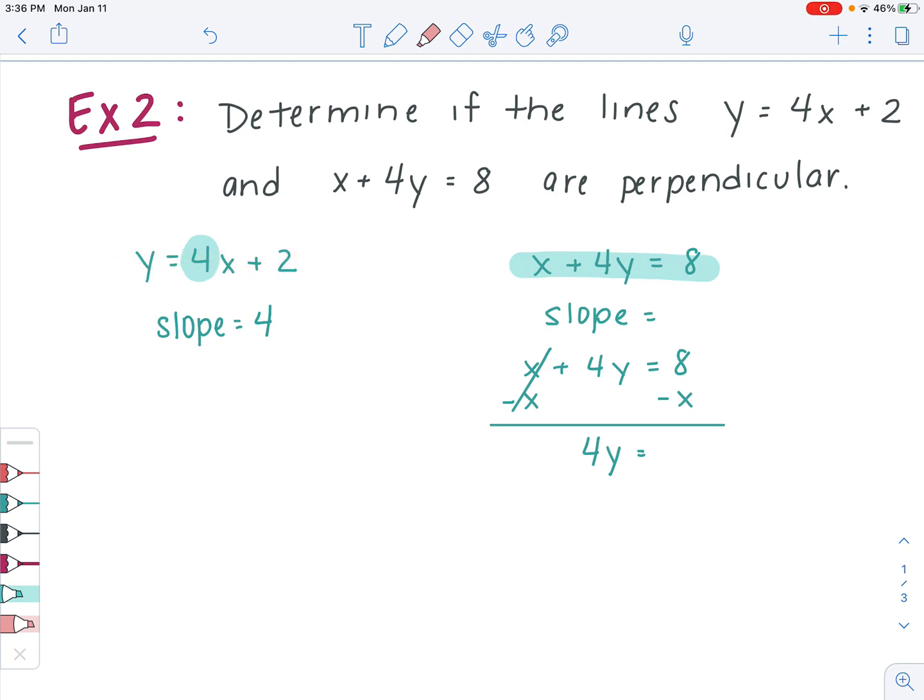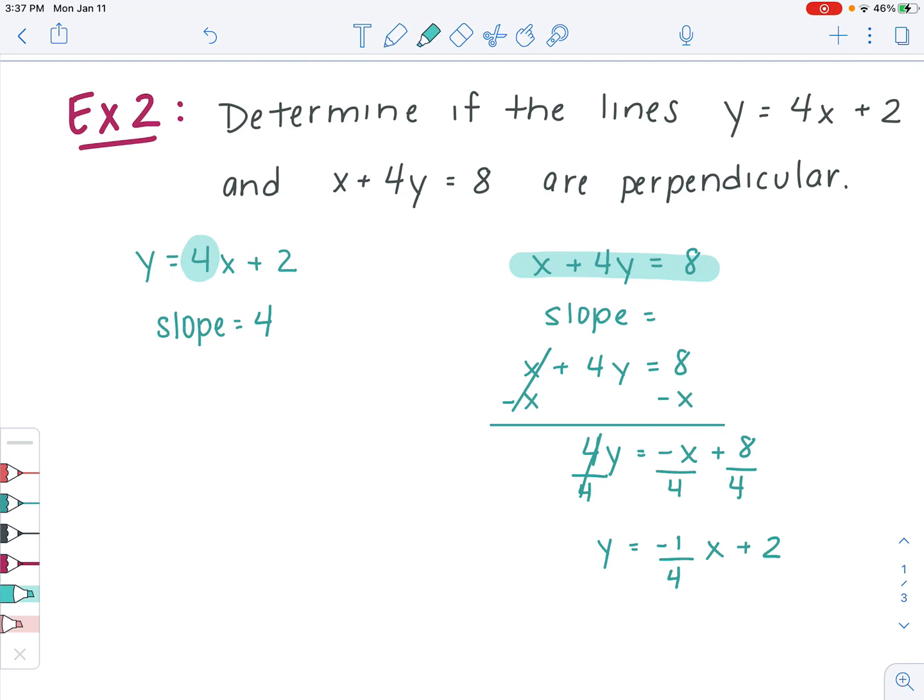So I'm going to write this as negative x plus 8. I wouldn't be wrong if I wrote it as 8 minus x. I just like it to look like y equals mx plus b, so I put my x first. Last thing I need to do is get rid of the 4, so I'm going to divide everything by 4. When I do that, I get y equals negative 1 over 4 x plus 2.